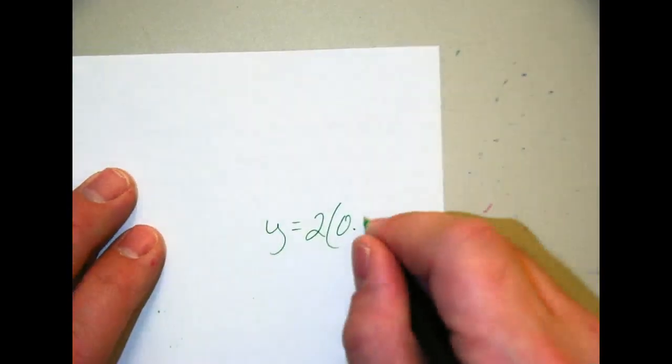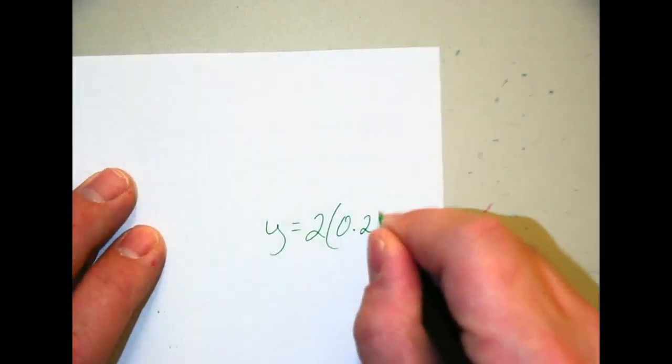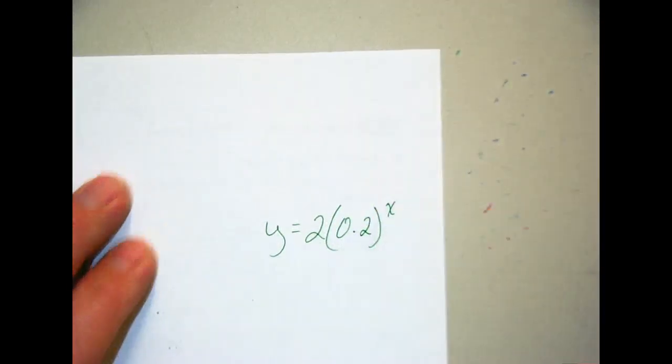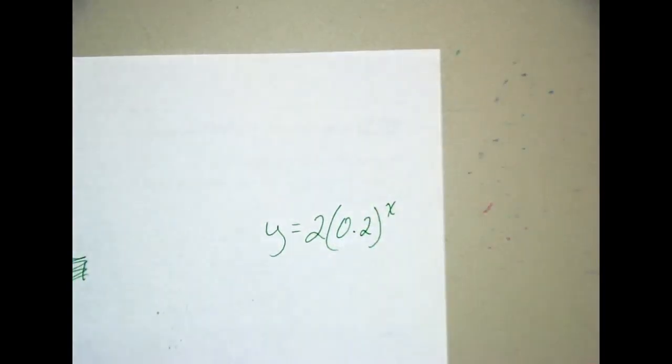It's a bit different. We're going to do one more. Y equals 2 times 0.2 to the x. Okay. JC, growth or decay?